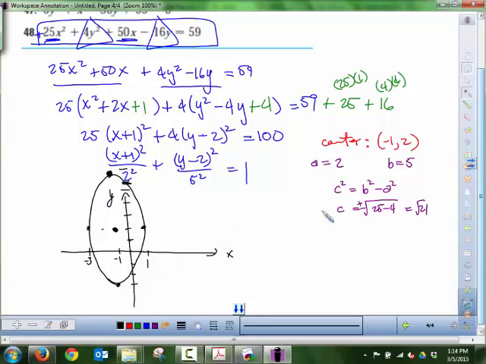So that's how I would draw my ellipse. Now to find the focus, the focus is going to have to be along the major axis, along where it's larger. So the focus is going to be along the y, which means the x value of the foci is going to be -1.